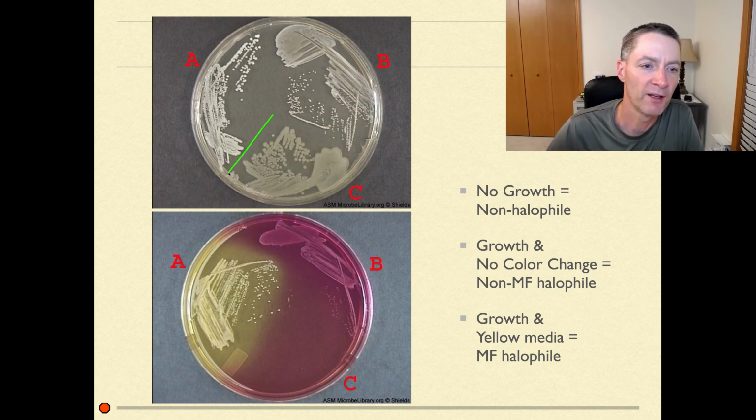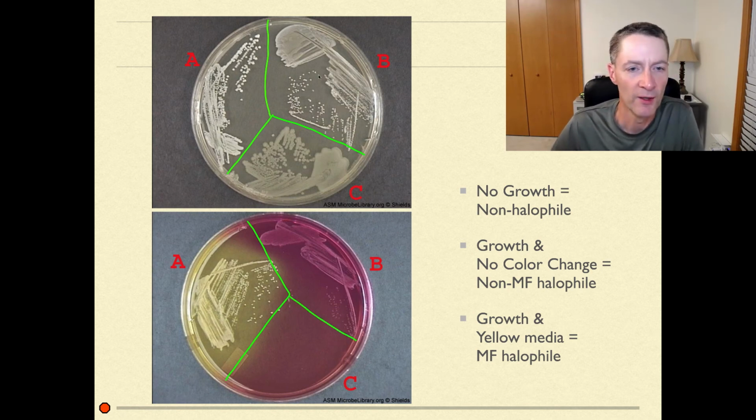So what they've done here, I'm just going to split up the plate. On both of these plates, they have split up the plate into thirds. Okay? So A, B, and C are the different species. A and B clearly grow.